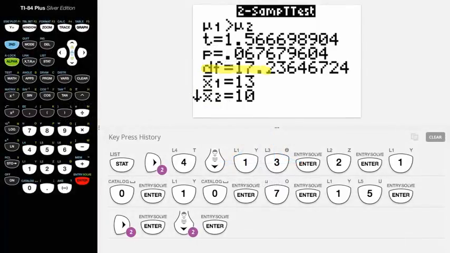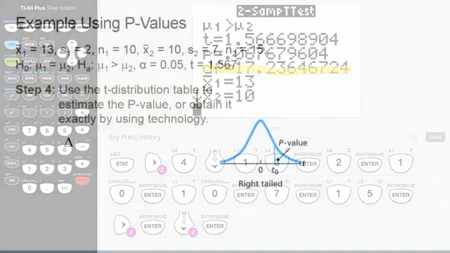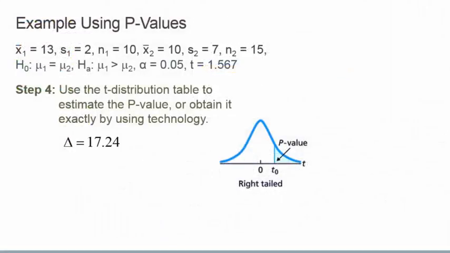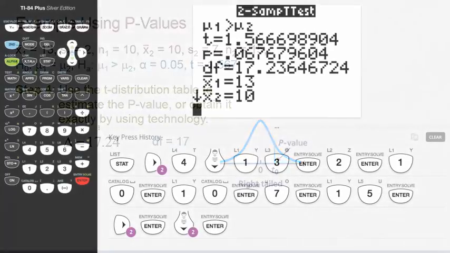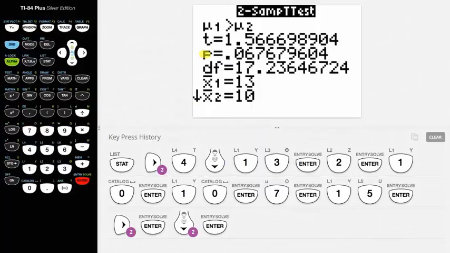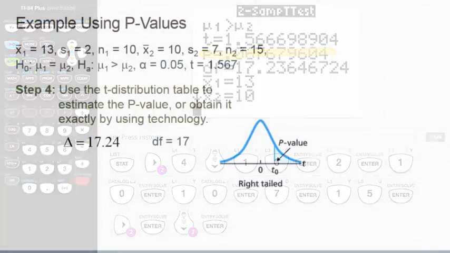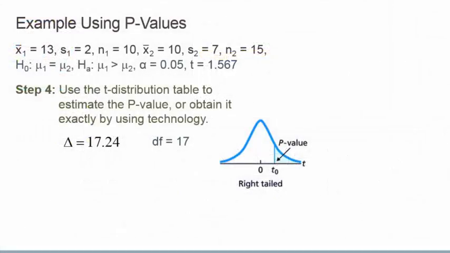Our degrees of freedom were 17.236, which means delta is approximately 17.24, and rounding down to the nearest integer, the degrees of freedom would equal 17. Going back to our calculator, we also have p equals 0.067679604. Rounding to 4 decimal places, the p-value is 0.0678.